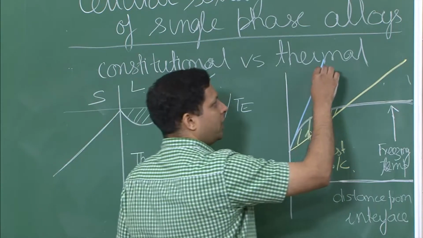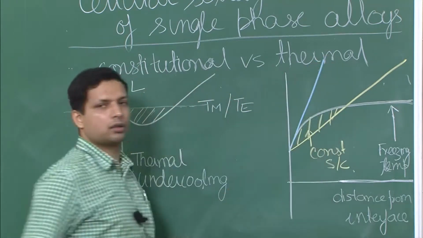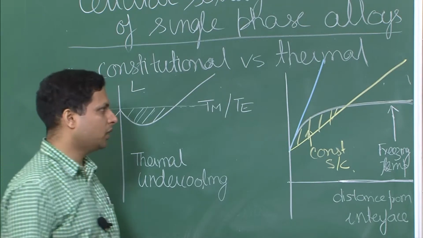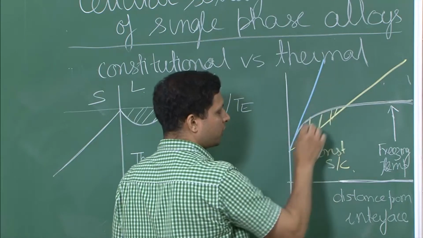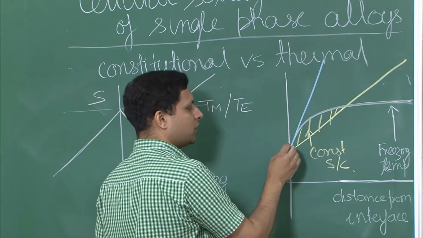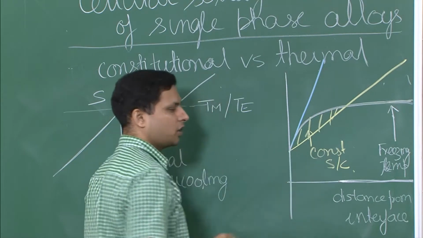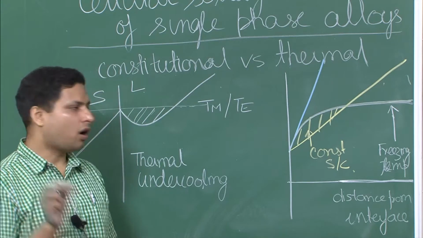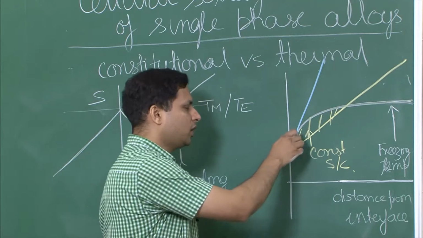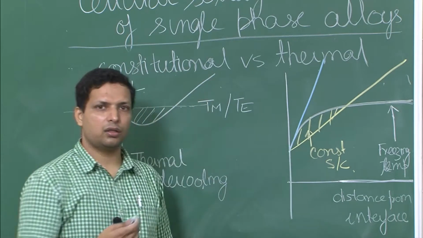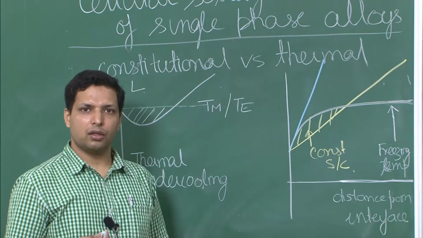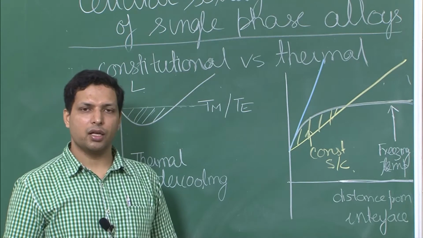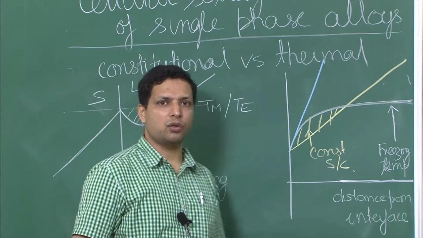If your thermal gradient was like this, then you would not see any constitutional supercooling. As soon as it goes below the slope that you have at x equal to 0, a small region of the liquid will start to fall below the theoretical liquidus or freezing temperature, and then you will start to see constitutional supercooling.